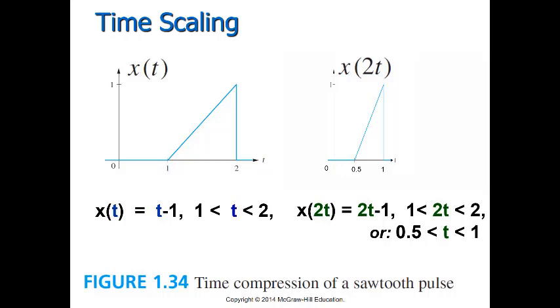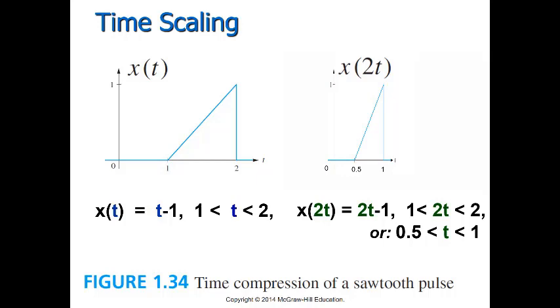So x of 2t equals 2t minus 1 over the interval 1 is less than 2t, which is less than 2. Simplifying that range now to be in terms of just time, we'll divide everything by 2 and say that x of 2t equals 2t minus 1 for the values of t that are between 1/2 and positive 1.